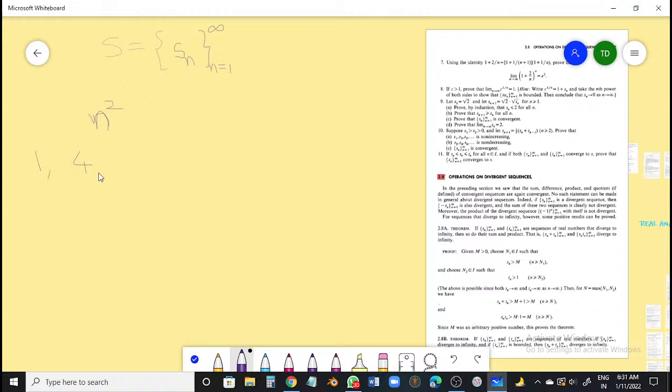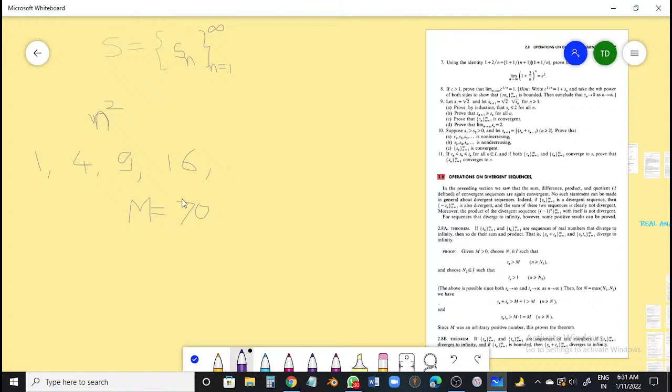The third term is going to be 9. The fourth term will be 4 square, 16, and so on. So what we observe here is that these terms will never gather anywhere. If I give you any real number m and ask you about the terms, suppose in this case I take m equal to 70, something like this.